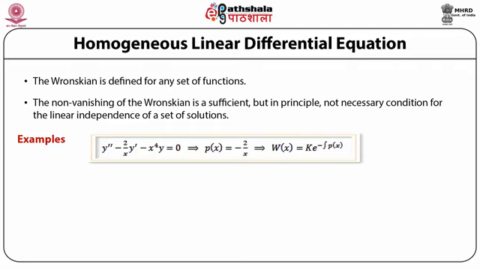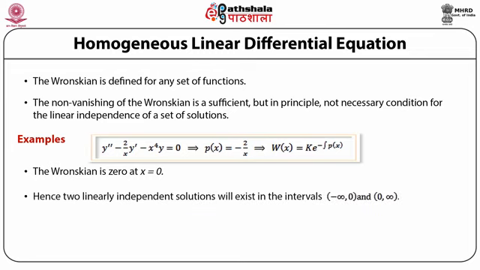This implies W(x) is equal to k times e raised to the power minus the integral of p(x) dx, resulting in W(x) being equal to k times x squared. The Wronskian is 0 at x equals 0. Hence, two linearly independent solutions will exist in the intervals minus infinity to 0 and 0 to infinity.